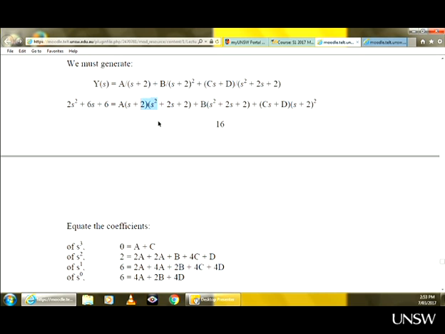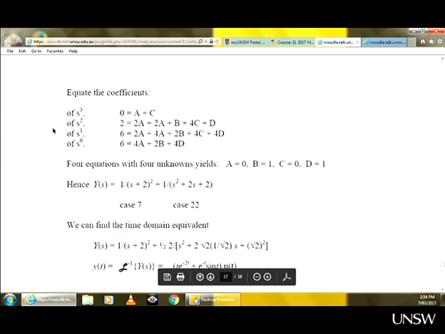If you find it easier, you can expand this expression, this expression, this expression, and then group all terms with S cubed, all terms with S squared, all terms with S to the power 1, all terms with S to the power of 0, and equate with whatever you have on the left-hand side. This way, you get 4 equations with 4 unknowns, A, B, C, D. So you have a system of simultaneous equations.